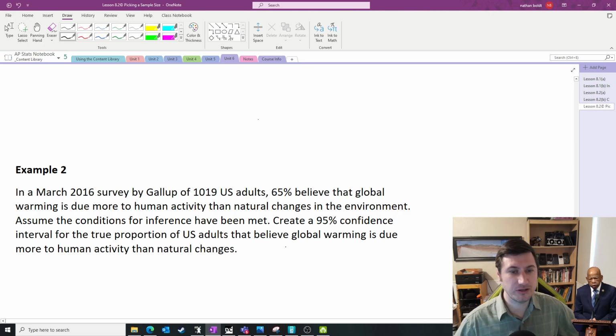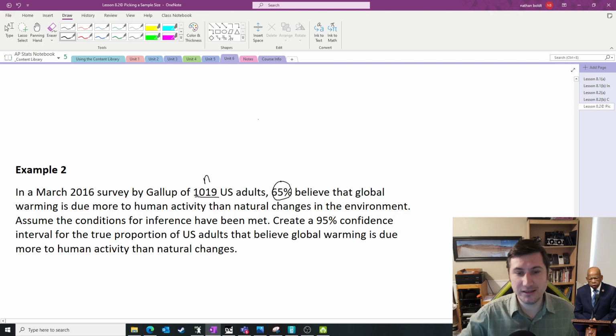So in March, this is another question we did on the Desmos a little while ago. In a March 2016 survey by Gallup, 1,019 adults, that's our sample size, 65% believe that global warming is due more to human activity than natural changes. Create a 95% confidence interval.